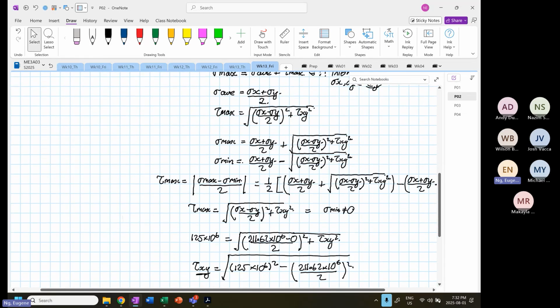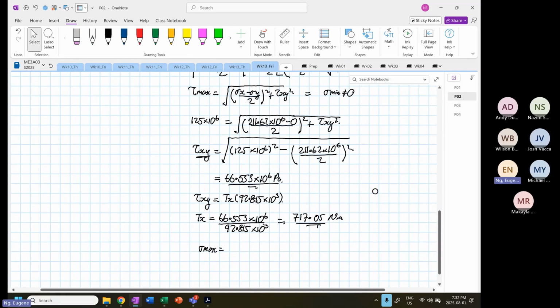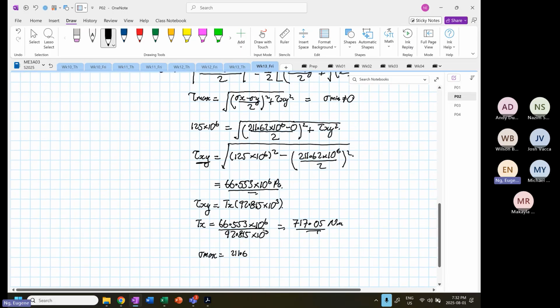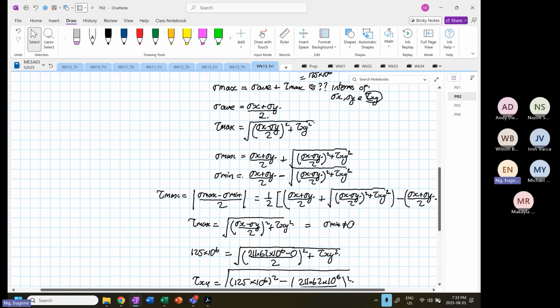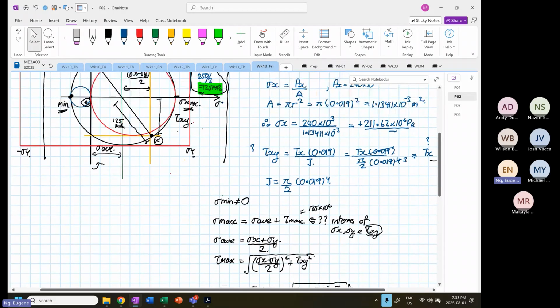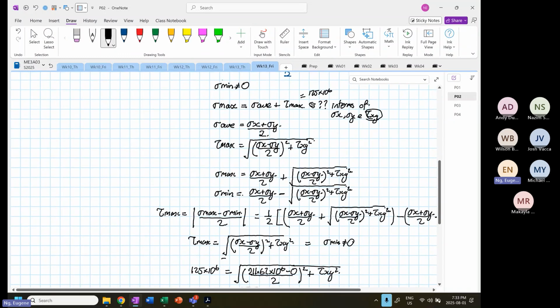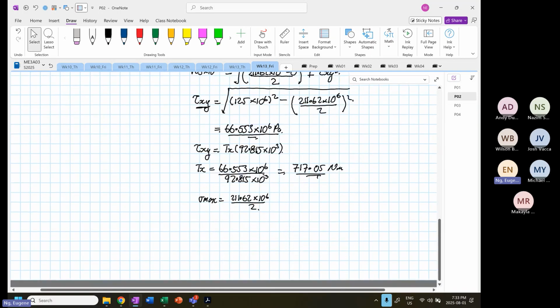From here, it's so straightforward that we just calculate stress max, which will be equal to stress X. What is our stress X? 211.62 times 10 to the power 6 divided by 2. Now you don't need to put the other value in, because you know this value over here corresponds to this value over here, which is equal to 125.